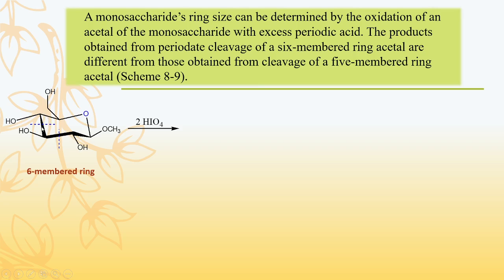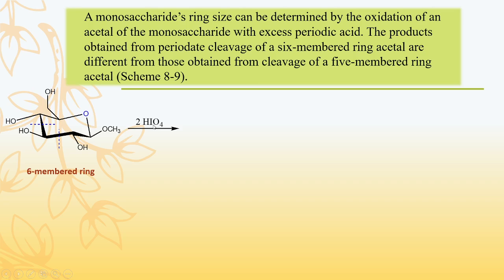Therefore, when we react this molecule with HIO4, there is a cleavage of this bond, and here again there are two OH groups, so there is a cleavage of this bond. That means when we react this sugar with HIO4, there are three OH groups and two bonds will break, hence we write two equivalents of HIO4.